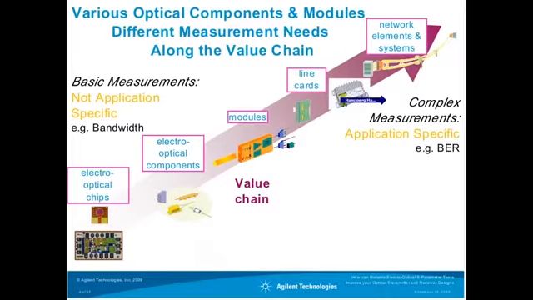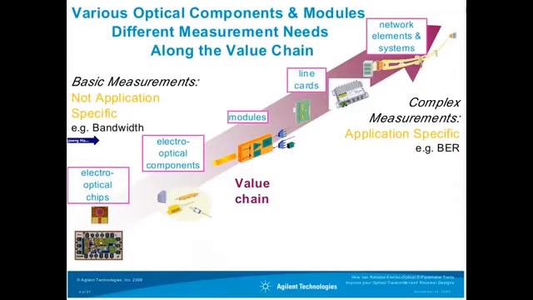Just imagine you want to measure the bit error ratio of a transmission line, and you do this on the component level to characterize its performance. But at the very beginning of the value chain, you only do basic measurements which are not application specific. You're interested in basic performance characteristics of your components, for instance a bandwidth measurement or a return loss measurement.